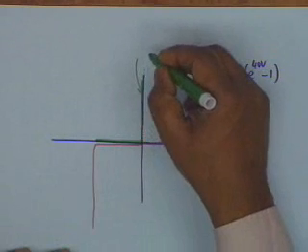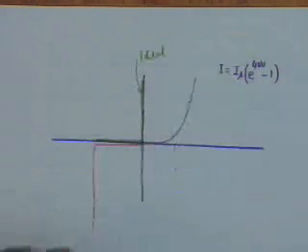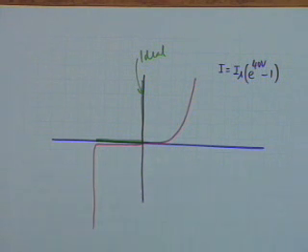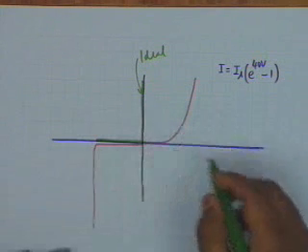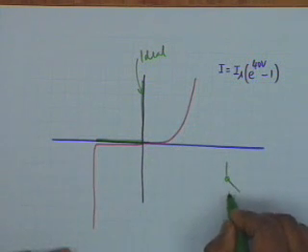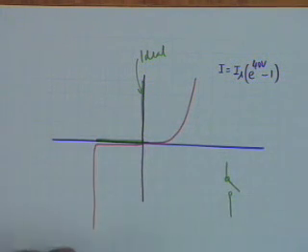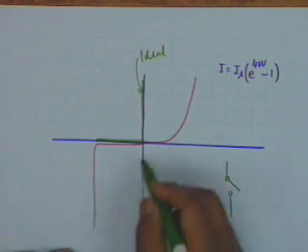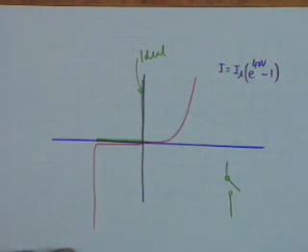So this green characteristic is that of an ideal diode. An ideal diode is like an ideal switch, it is either on or off. When a switch is on, it can conduct any amount of current with a voltage drop of 0. That is what is represented by the green curve, all right.